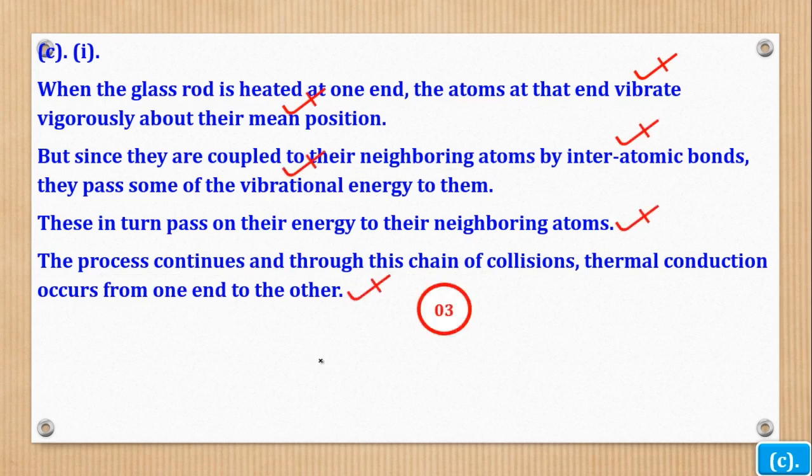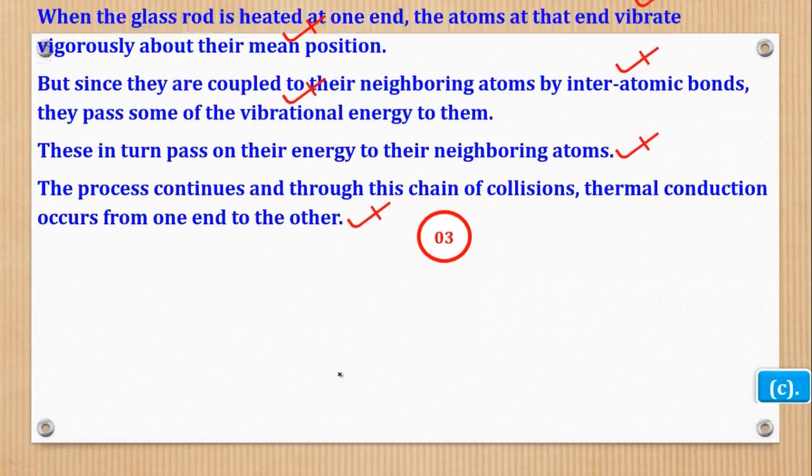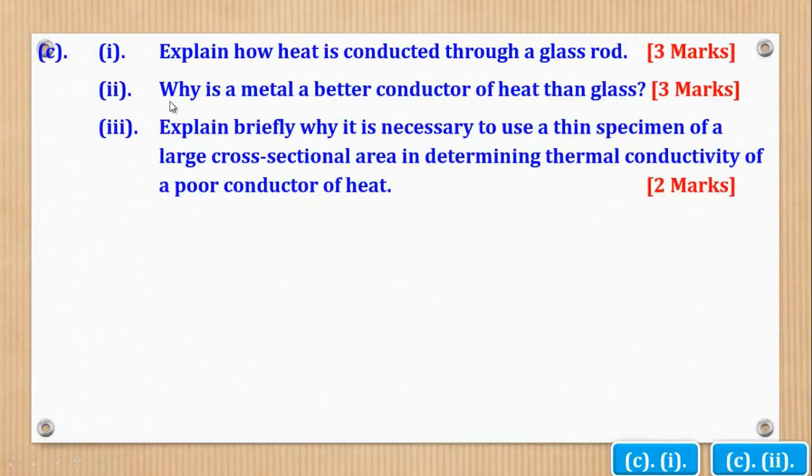And that is how marks would be awarded. So now we shall go to part C, Roman 2. Roman 2 says, why is a metal a better conductor of heat than glass?